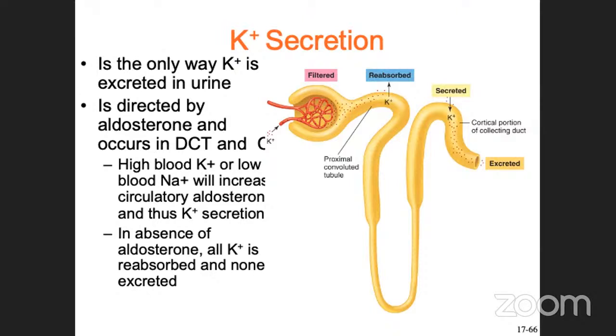High blood potassium or low blood sodium will increase production of aldosterone, and then potassium secretion will occur. In the absence of aldosterone, where your body cannot produce this hormone, all the potassium is reabsorbed and none is excreted.